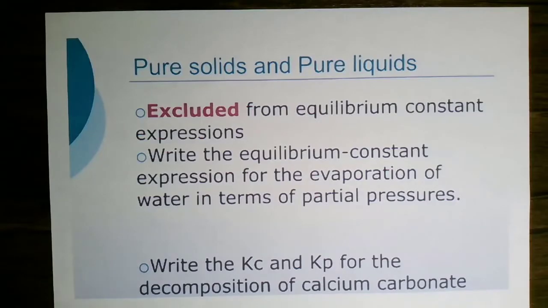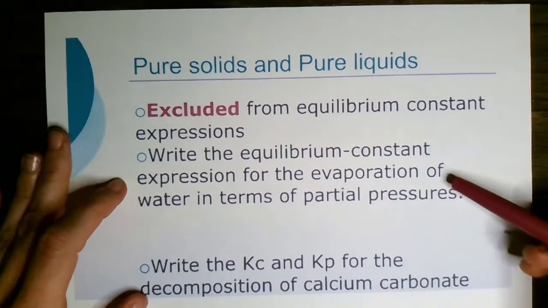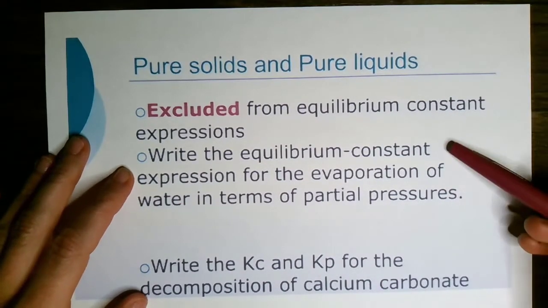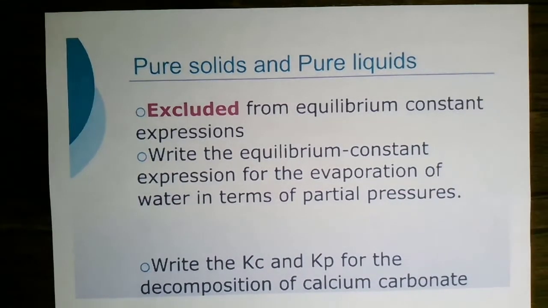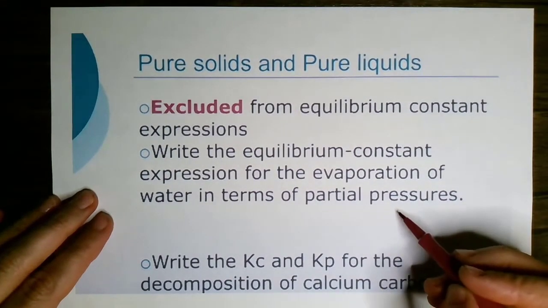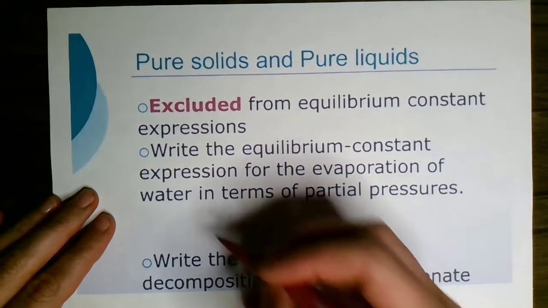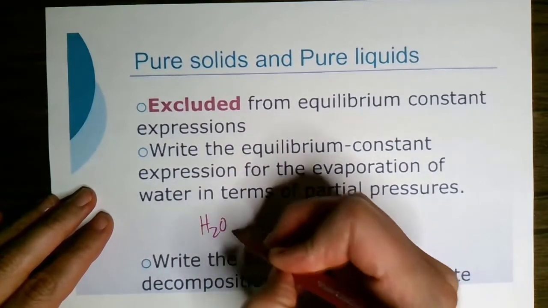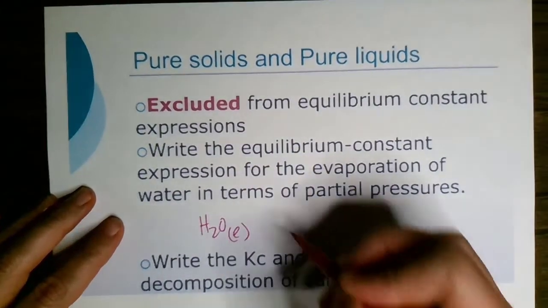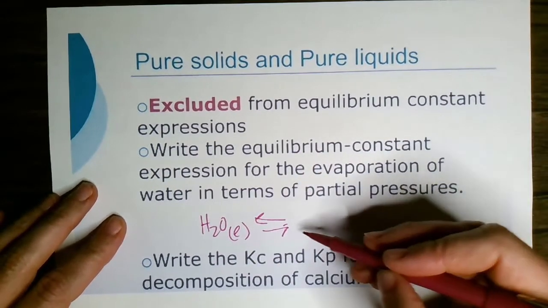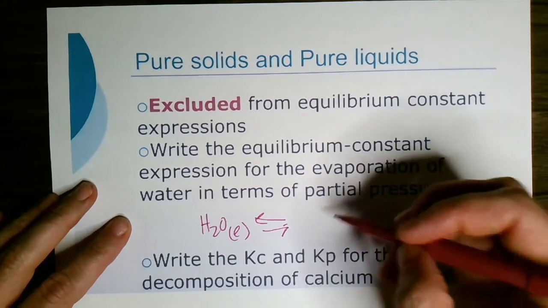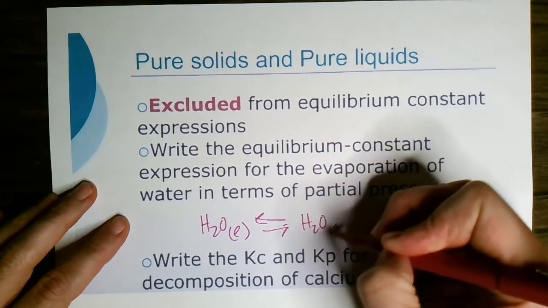So if we look at this expression here, evaporation of water in terms of partial pressures: water, H2O in liquid form, as it evaporates is in dynamic equilibrium with H2O in the gaseous phase.